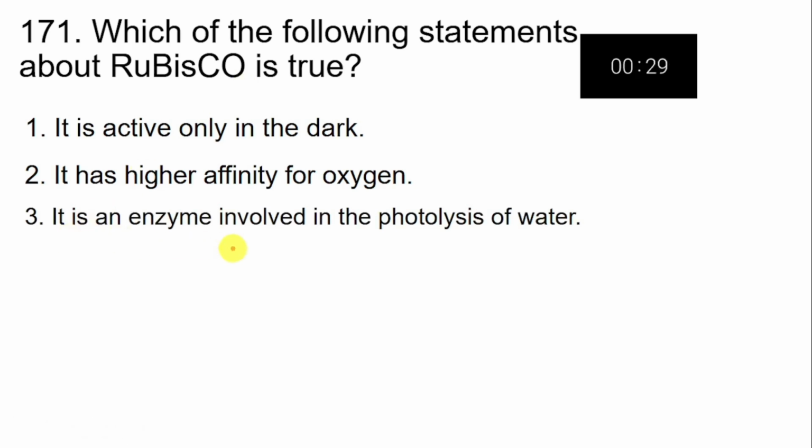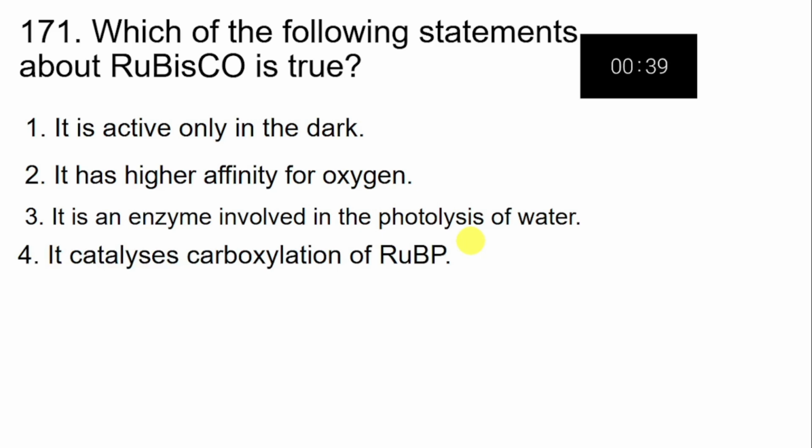It is an enzyme involved in the photolysis of water. Enzyme is not involved. It is the light energy that leads to photolysis. So whatever will be the fourth option, that has to be the correct answer. It catalyzes carboxylation of ribulose biphosphate. Correct. 4 is the right answer.